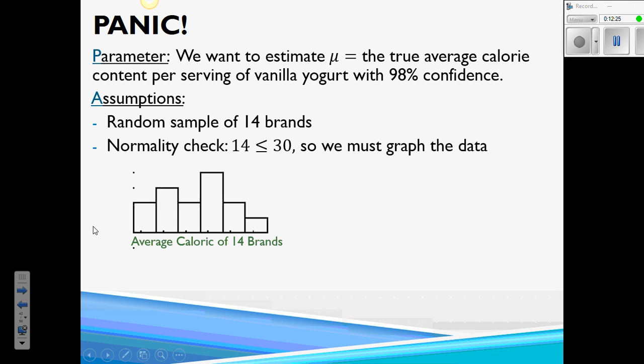Now we got to make a statement about what we see. We can't just draw the graph and be like, done. So we need to make some sort of little statement here.